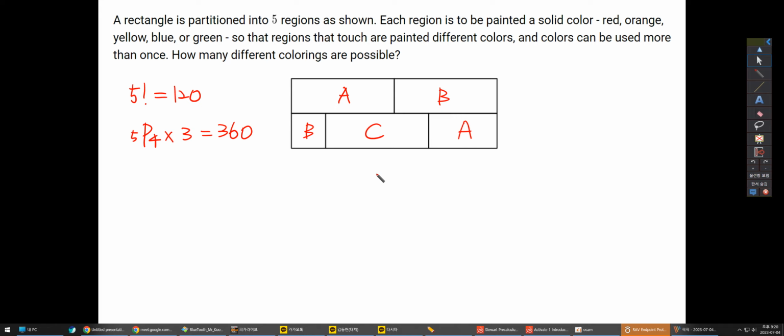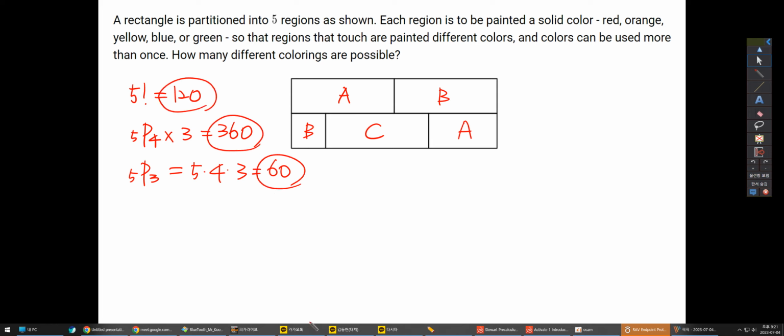We can use 3 colors. So this is the only possible case. In this case, we are using 5P3. What's the value of 5P3? Multiply these 3 numbers. 60. So now we can add these 3 numbers. What's the sum of these 3 numbers? 540? Yeah, 540 is the answer.